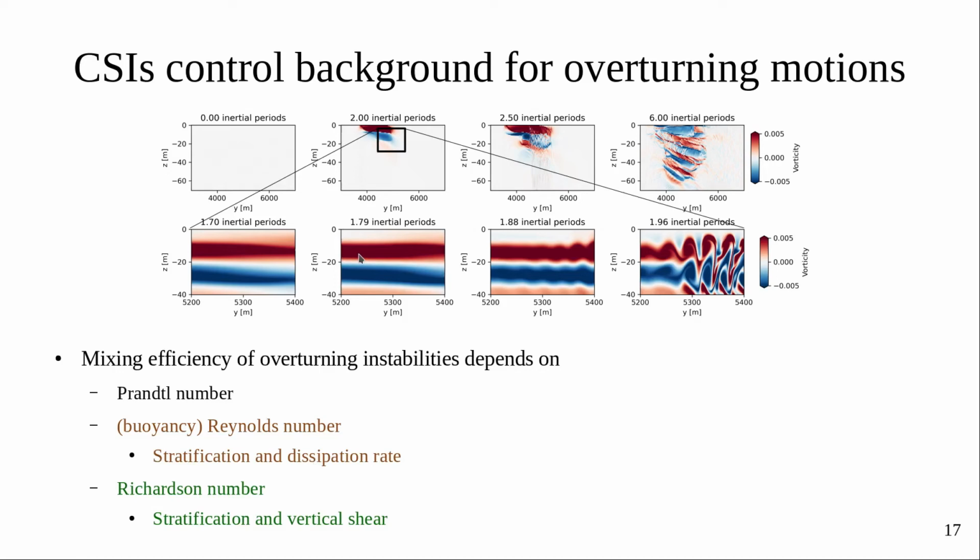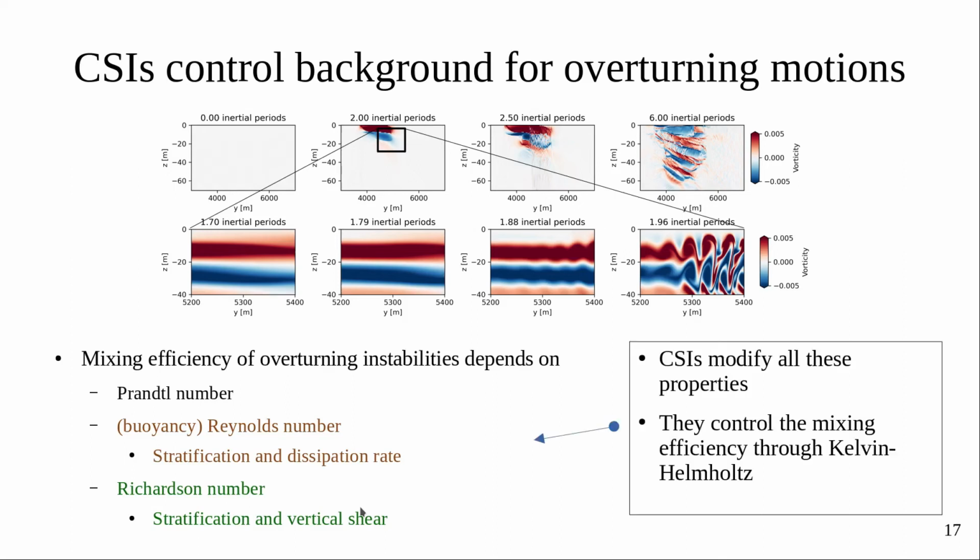CSIs control that, especially the stratification, because these counter-rotating cells might be bringing heavier fluid down and lighter fluid up.